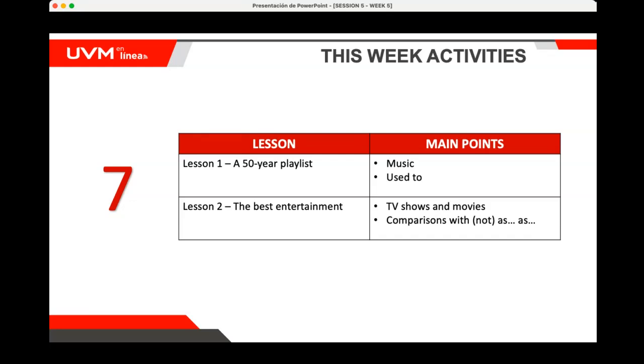You learned vocabulary about music, genres of music, then some vocabulary for TV shows and movies, which I think were kind of easy. So I think this was the easiest unit of the 3 that you have to deliver for today.